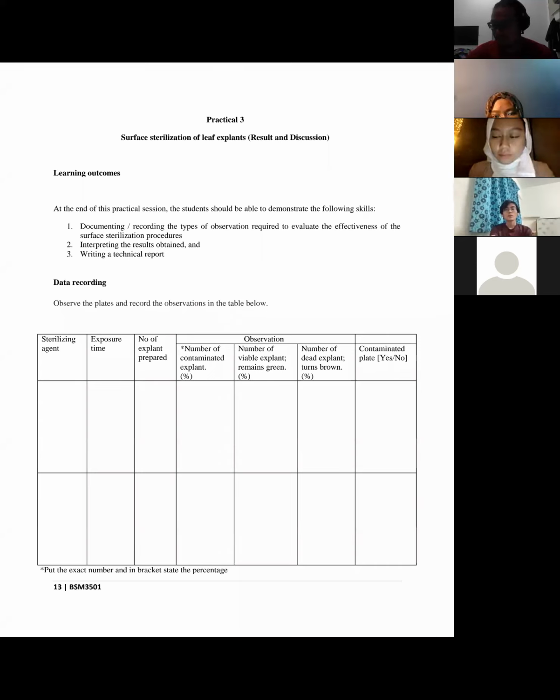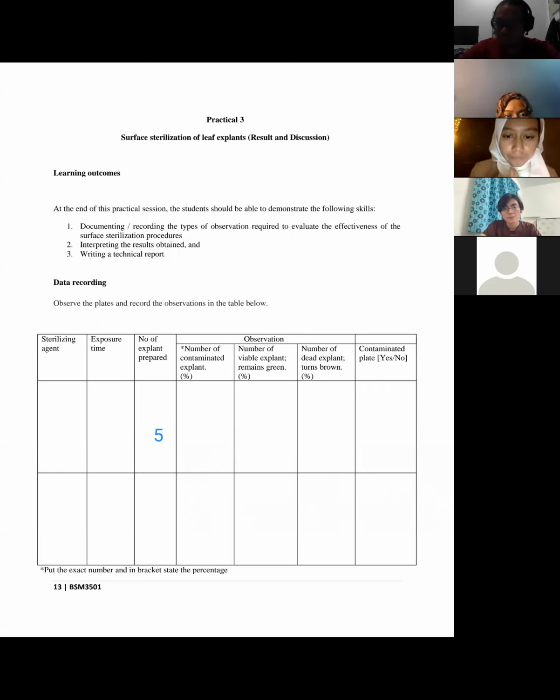For the exposure time of 5 minutes, I prepared 5 explants. Out of 5, I assume 3 of them are contaminated. So the percentage of contaminated is 3/5 times 100, which equals 60%.